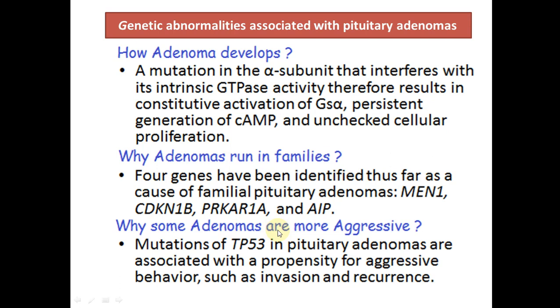And it has been seen that those adenomas in which there is mutation of the tumor suppressor gene TP53, the adenoma will be more aggressive in behavior and it will cause rapid and early invasion, and mostly it will be associated with recurrence even if it is surgically removed.